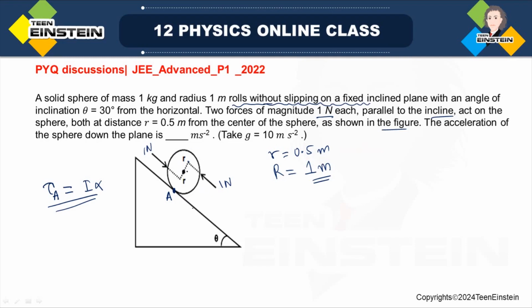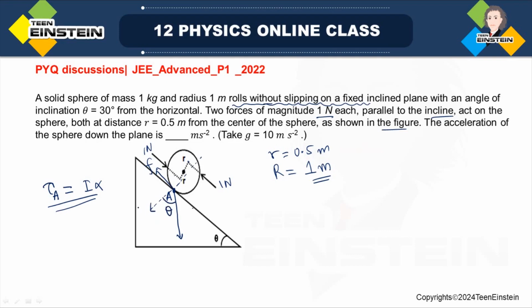So now we have been given two forces, so we can find out the torques due to these two forces. So what else is acting on this sphere? There could be friction, which will be acting just upward, and the weight of the sphere will be acting like this, and if this is the normal to the plane of inclination, then this angle will also be theta.